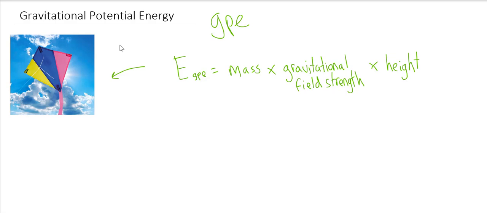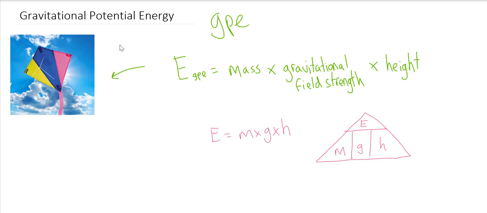This equation can commonly be written as just E equals m times g times h. And we can place this equation into a triangle where energy goes at the top, mass, gravitational field strength, and height go at the bottom.